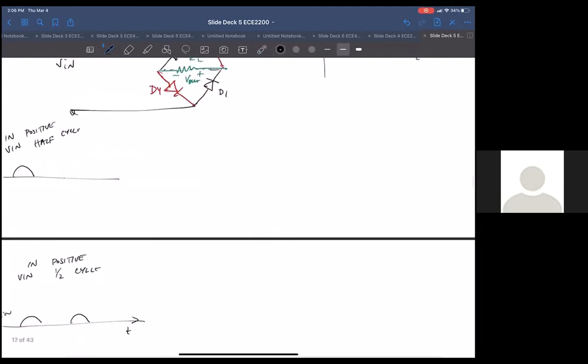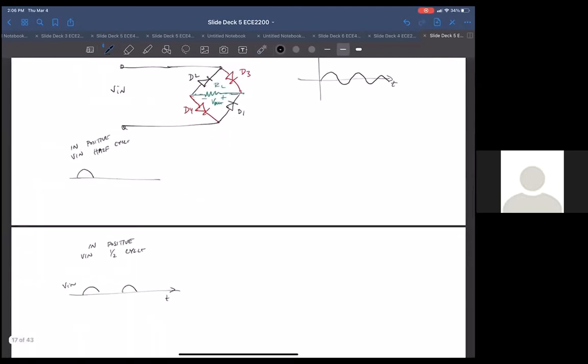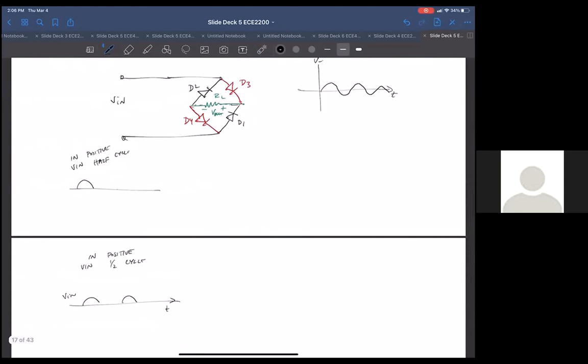When Vin is positive, the plus node is positive compared to this negative node. What happens? This diode turns off, this one turns on, this one turns on, and this one turns off. These two are off because this point is more positive than this point.